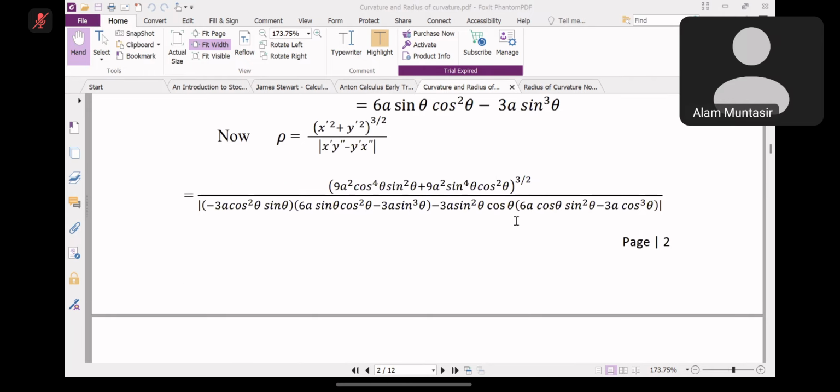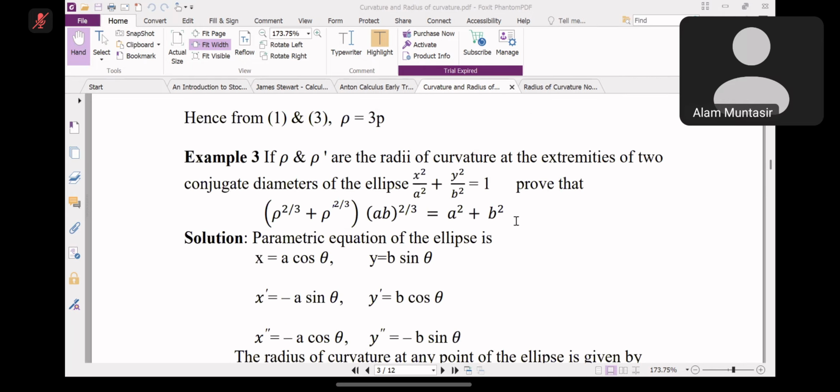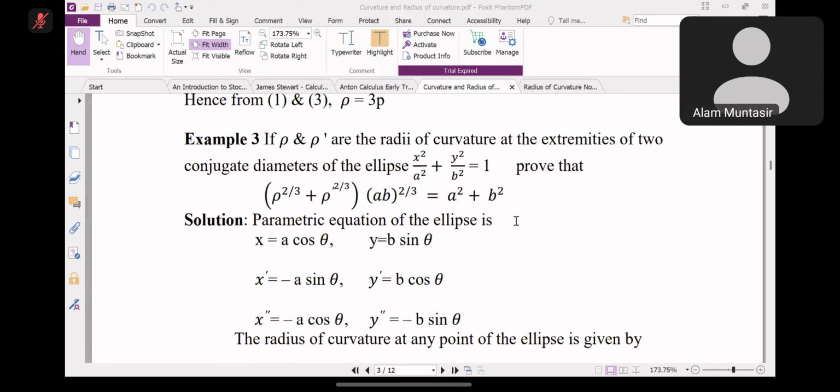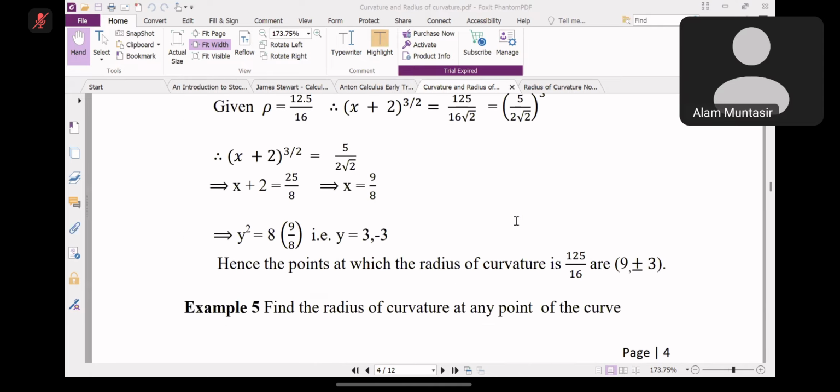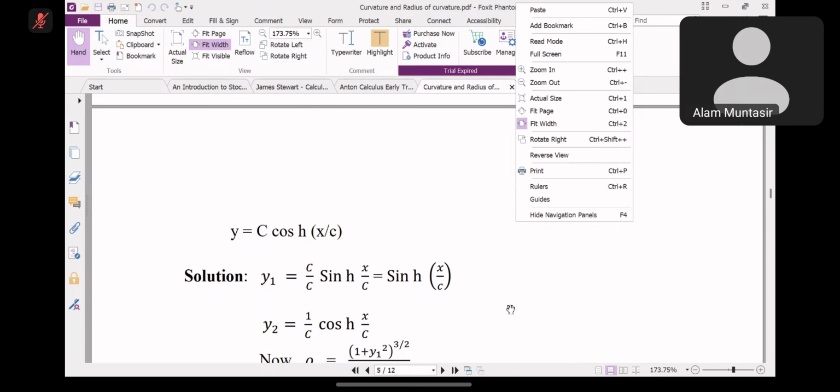Okay, so I hope most of you have completed solving the problem, and similarly you can solve some other problems like example 4, example 5.